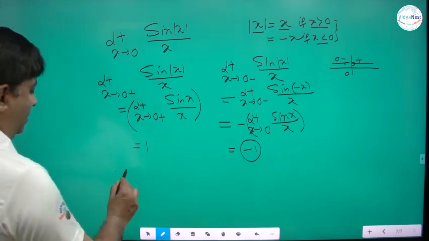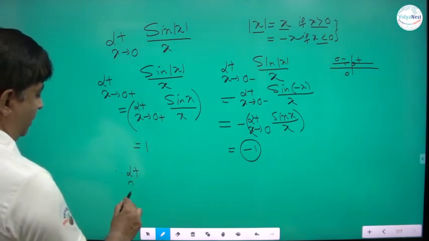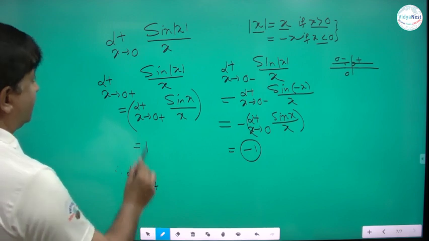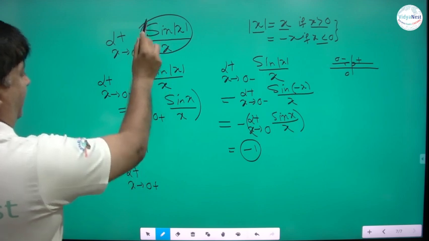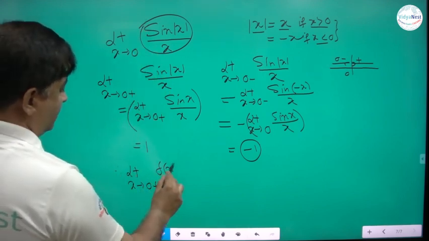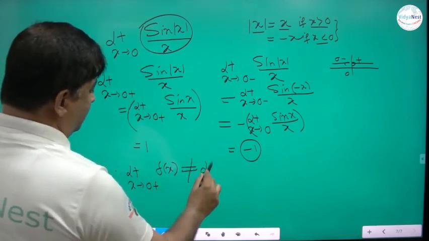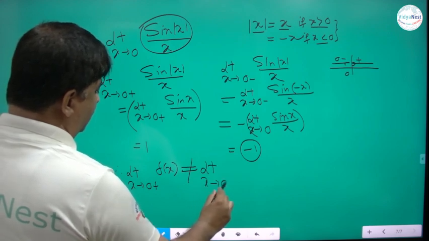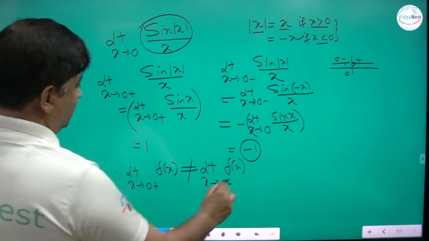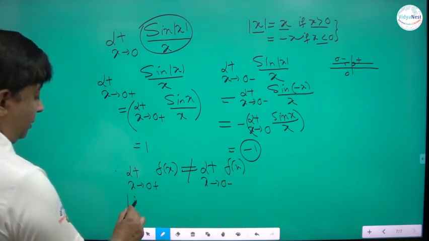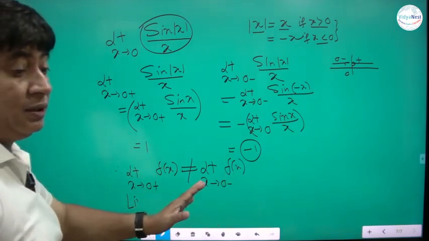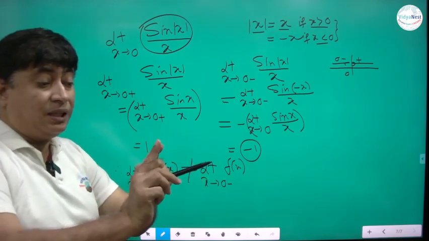Therefore, limit x tends to 0 plus f(x) is not equal to limit x tends to 0 minus f(x). So the left hand limit and right hand limit are not meeting.